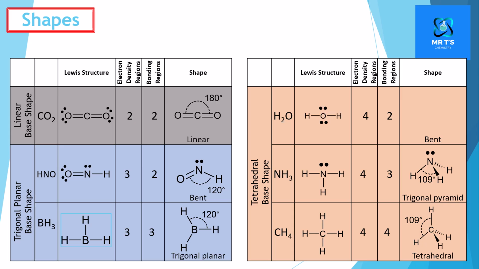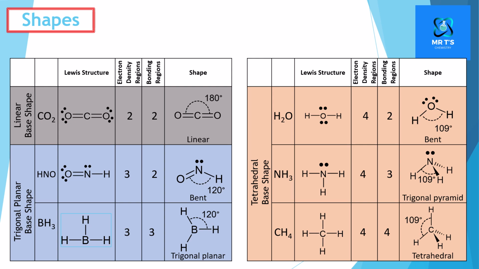Now, what if two regions were bonding and we had two non-bonding regions? We can look at this and it kind of looks like a linear shape, but we need to remember that when we're talking about four regions of electron density around the center, we're not explaining this in two dimensions, it's in three dimensions. So we're looking from above, and what this actually represents is a bent shape, right?